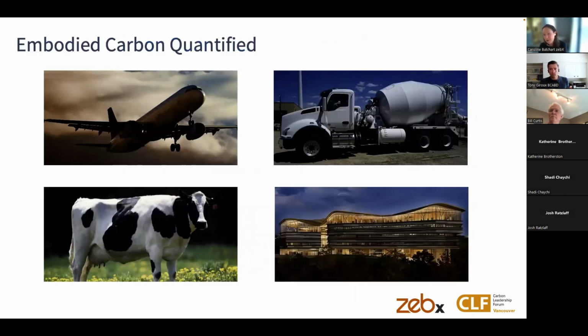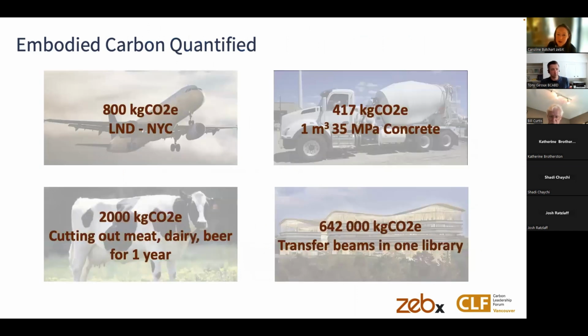And then just to come at it from one more angle, what is the embodied carbon of lots of different things that happen in our daily lives? So we've got a flight, London to New York. These statistics are a few years out of date now, so potentially slightly off.